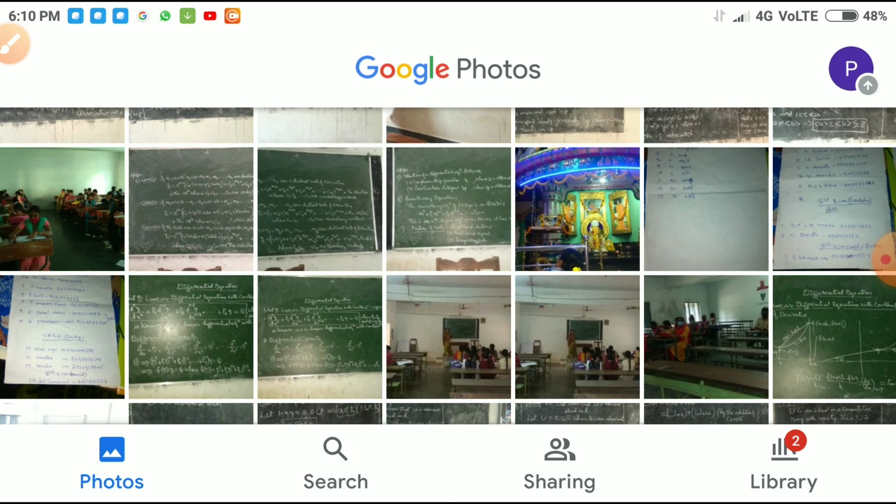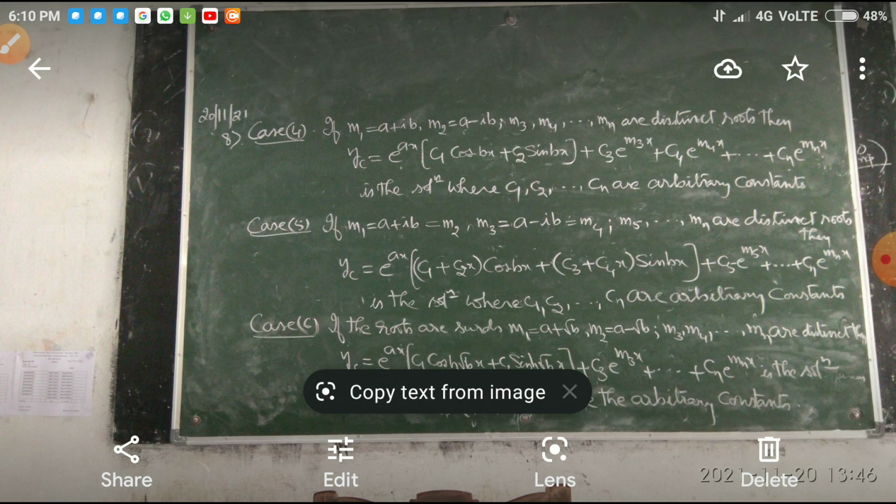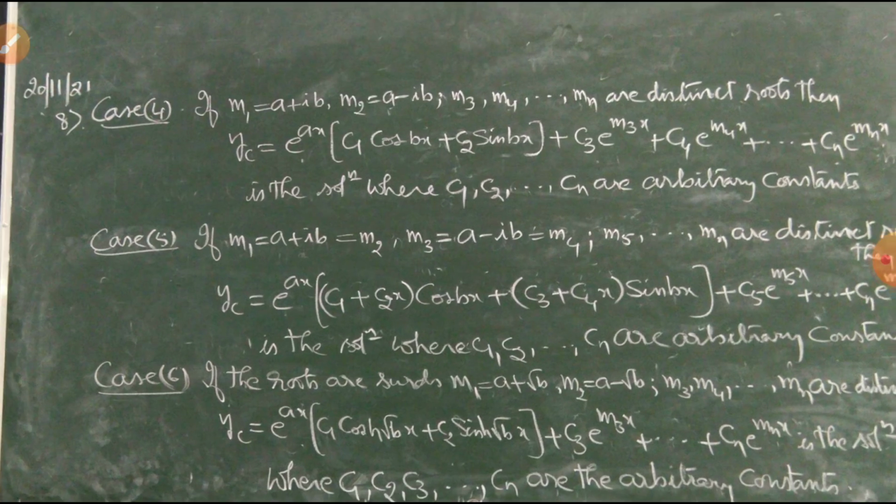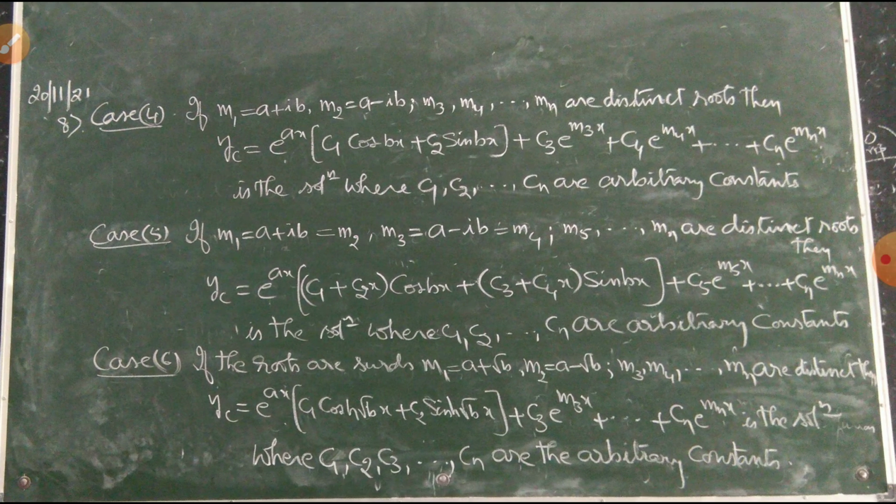Okay. Next we have the fourth case. If m1 equals a + ib, complex roots, we know that complex roots always occur in pairs. If m1 equals a + ib is a root, automatically a - ib is also a root.